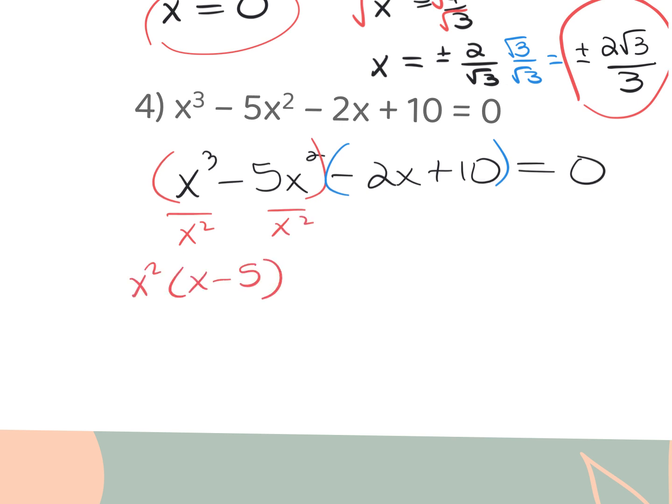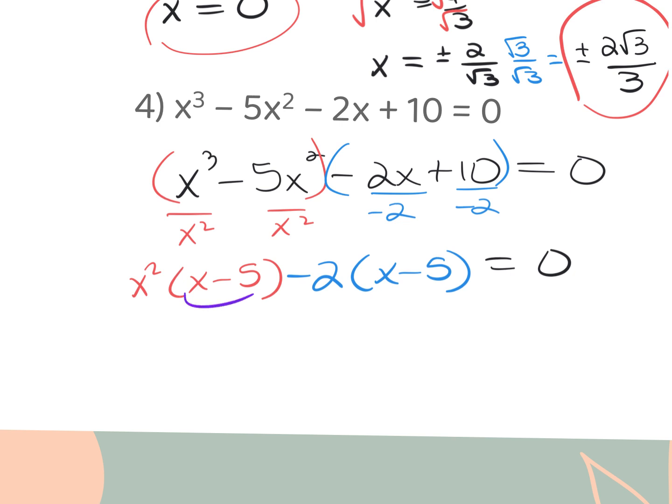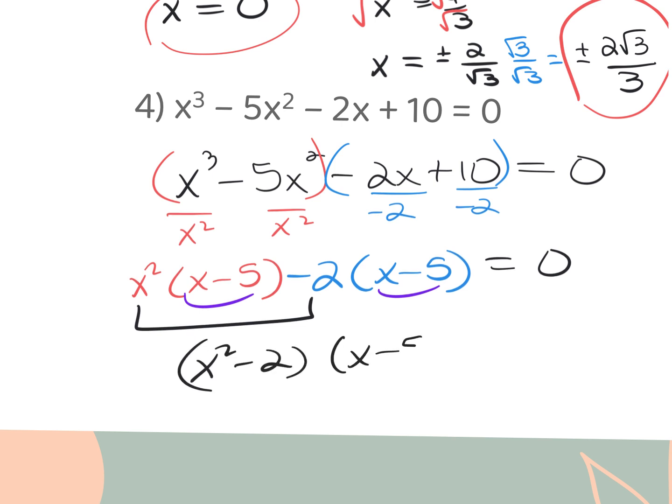My greatest common factor of the blue group is going to be negative 2. Because remember, if I just pull out a positive 2, I will not get x minus 5 as the result. But if I factor out a negative 2, then I've got the match that I needed. These needed to be the same. So go ahead and take the 2 GCFs, put them together, and then what was in common after you divided.